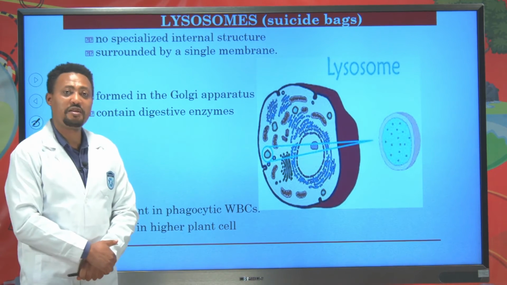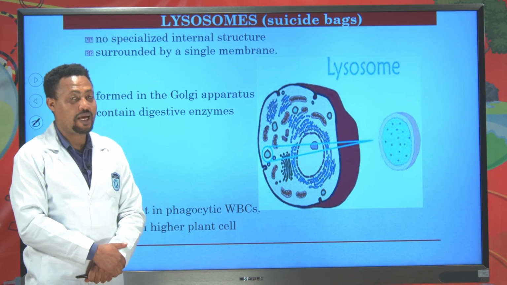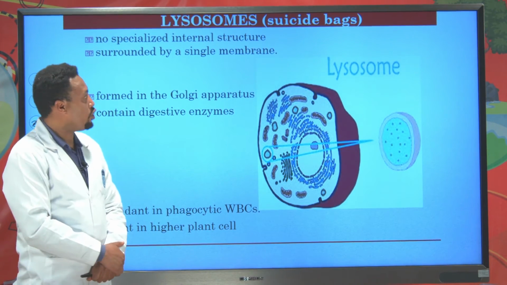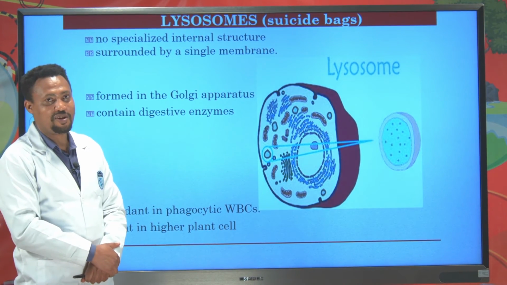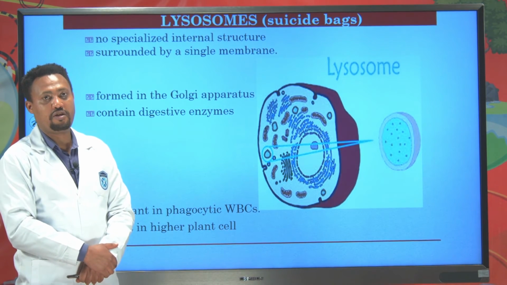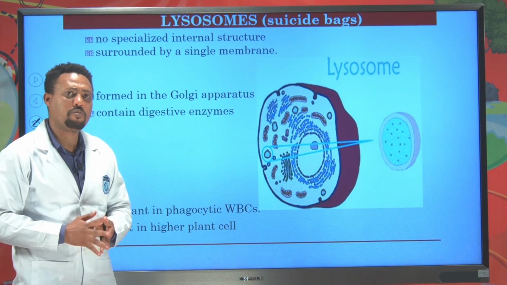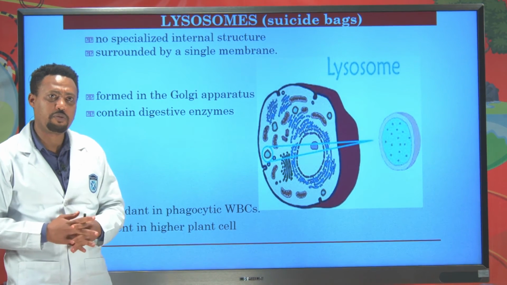Lysosomes, we usually find them in animal cells and lower plants. They're usually called suicide bags, if you remember from lower grades, because they have digestive enzymes that can even kill the cell itself. So you can understand simply from what I said about their function.